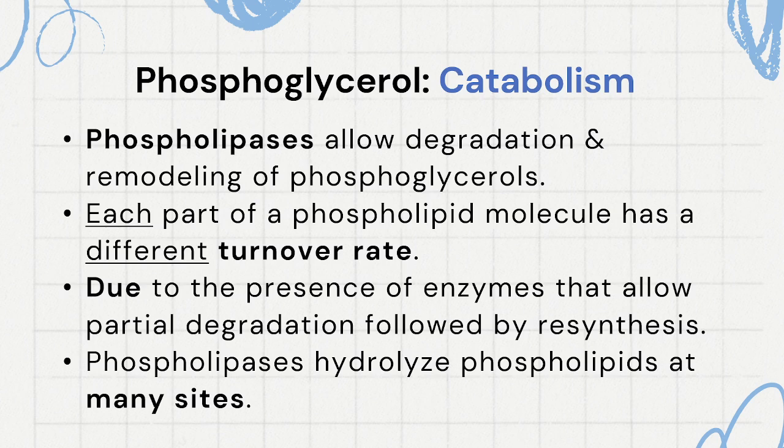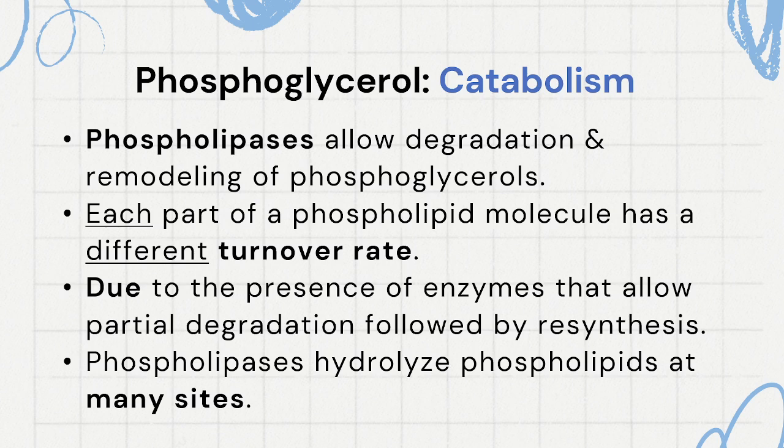This is unique about phosphoglycerols, that they are not necessarily broken down to the primary components or to an end product, for example, through a long pathway. Along the middle, the body may need the intermediate, so partial degradation will be followed by resynthesis.